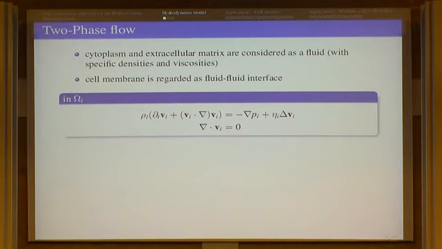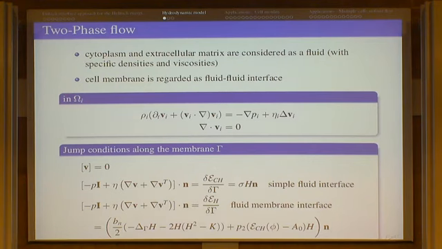So consider here the Navier-Stokes equation for each domain, and then we have to deal with jump conditions along the membrane. The first condition is that the velocity jump is equal to 0, and the second condition is that the stress tensor times the normal vector is equal to the mean curvature flow of this Cahn-Hilliard energy if we want to describe normal fluid flow, simple fluids.